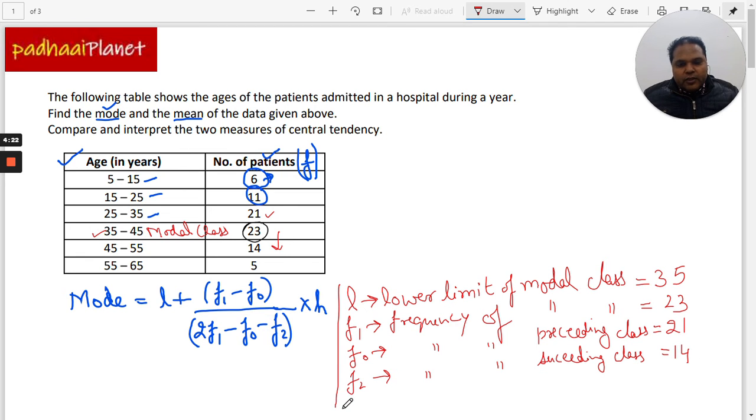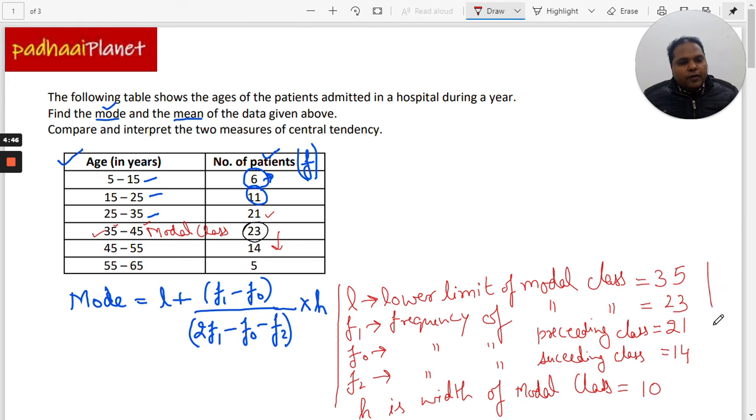Now H is the width of the class interval of the modal class. So that means the upper limit minus the lower limit, so that's 10.